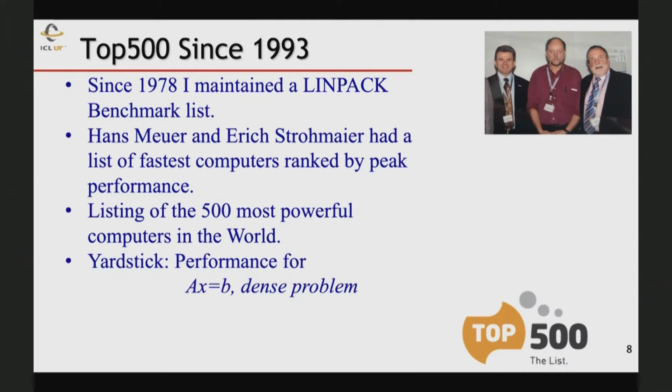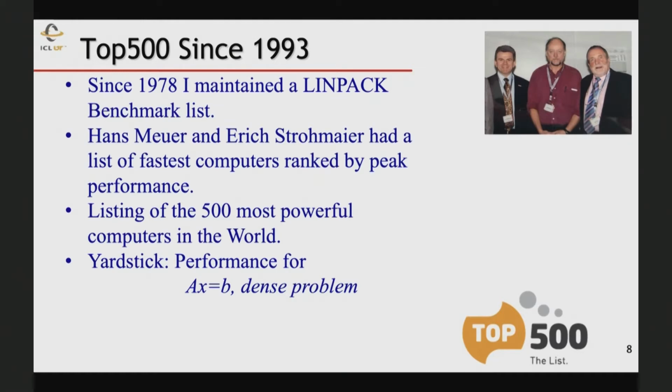The ground rules for this benchmark are that you have to use Gaussian elimination with partial pivoting. That's the algorithm, and you have to implement it on your architecture. You can use the best implementation, but you have to get an accuracy equivalent to doing the computation in 64-bit floating point arithmetic.